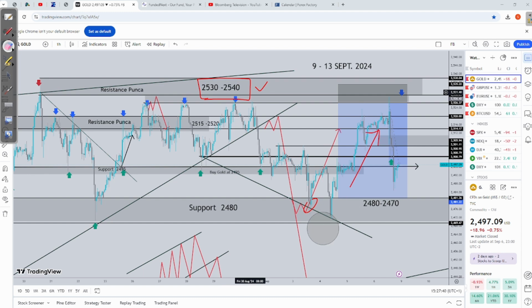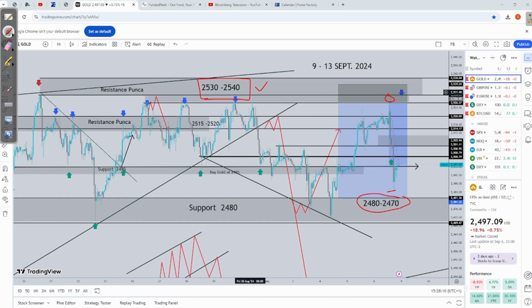The news pushed it a little bit to our zone, the resistance area, around 30 or thereabouts, and then it started dropping all the way to this point.